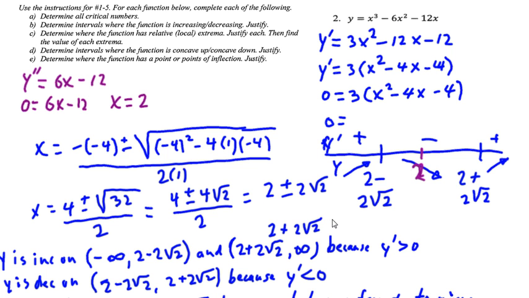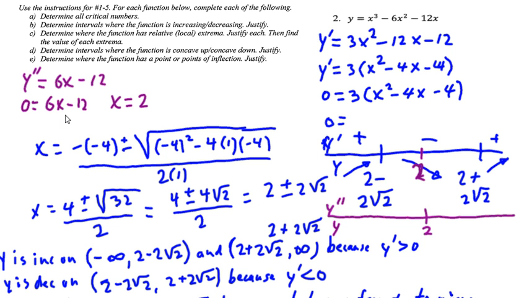And I'm going to try to sneak in a number line right here with the concave up, concave down. So I'm going to put y double prime here and y down below. And we have 2 as our possible point of inflection.